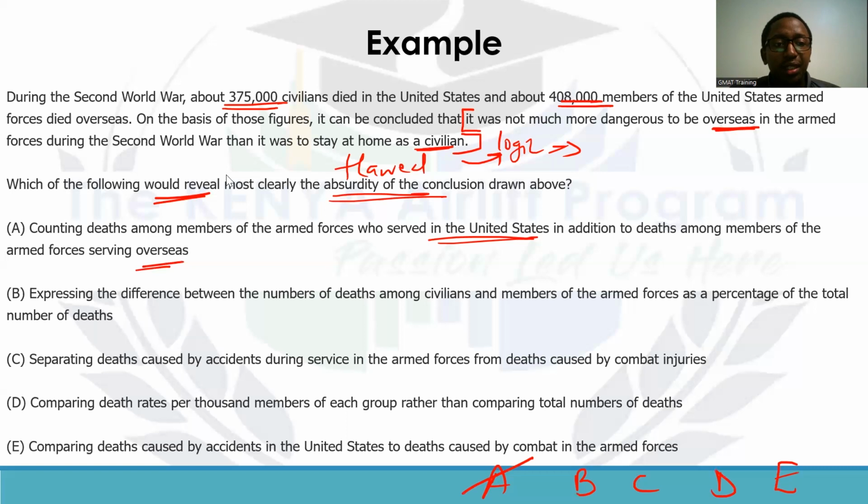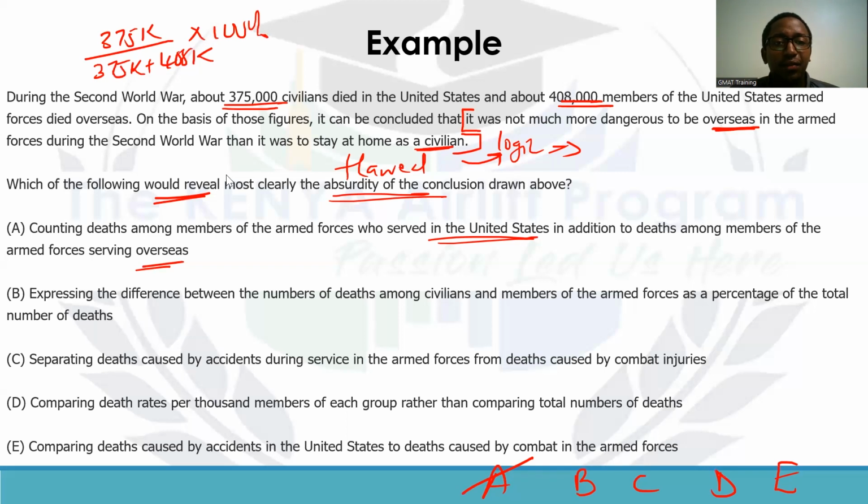A is out. B, expressing the difference between numbers of deaths among civilians and members of the armed forces as a percentage of the total number of deaths. So this just means finding the percentage, say, of civilian deaths. So 75k divided by 75k plus 4. So just finding that percentage.